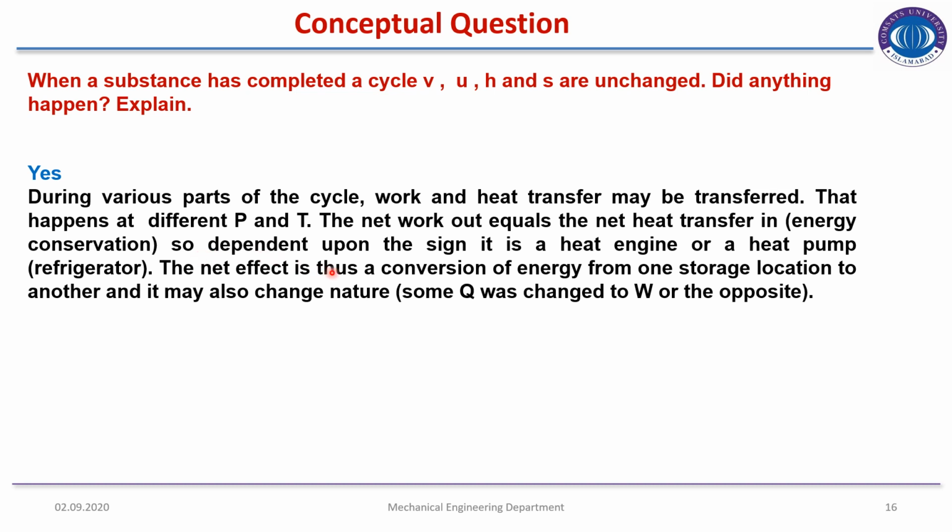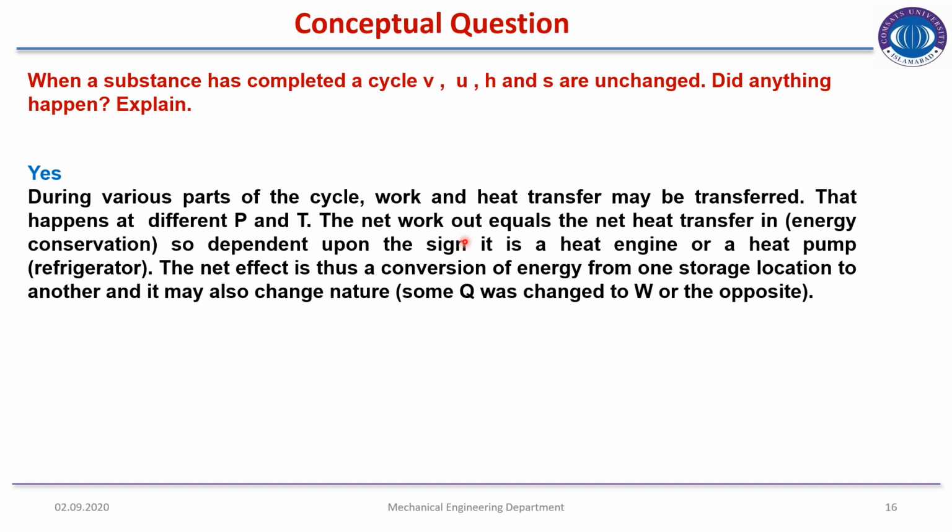So depending upon the sign, it is a heat engine or heat pump. So it may be a heat pump or refrigerator. The net effect is thus a conversion of energy from one storage location to another, and it may also change nature. Some Q, or heat transfer, was changed to W, or work done, or the opposite.